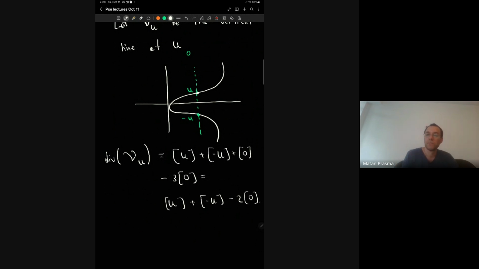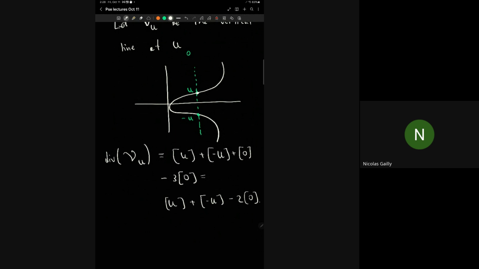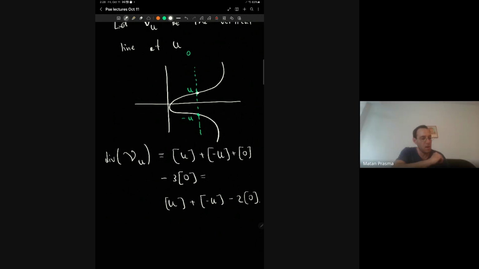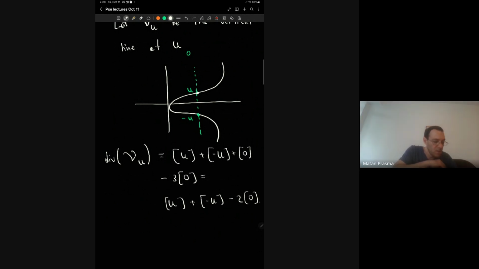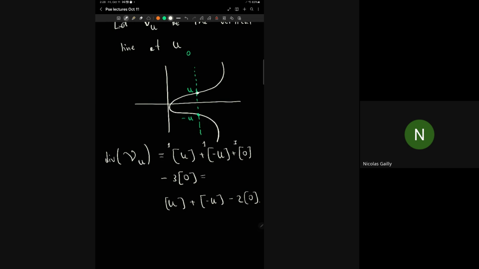Sorry, but where does this minus 3O come from again? So I have to have degree... This is a rational function, right? Yeah, so the divisor has to have degree 0. Yep, I checked the degree before, I just took coefficients. Okay, sounds good.